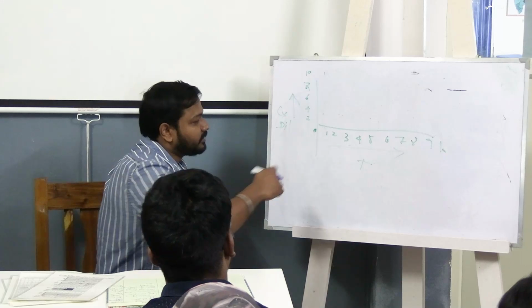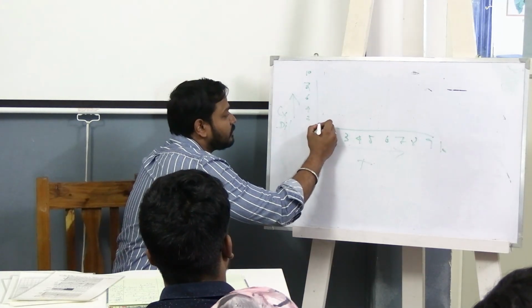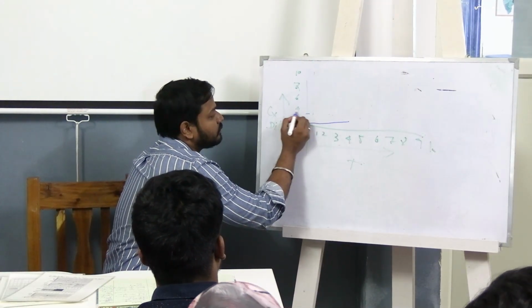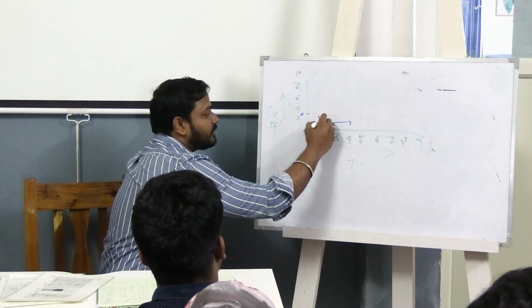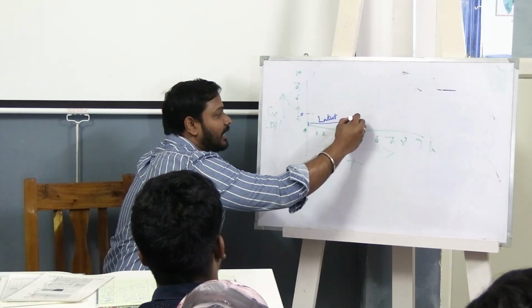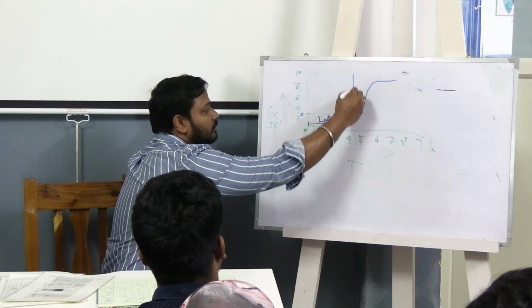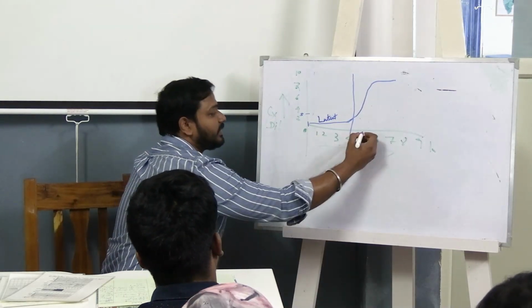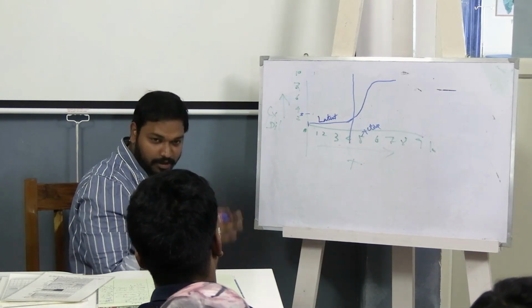Labor is divided into latent phase and active phase. Latent phase means, see, from 0 to 3. Okay, this is latent phase. After latent phase, there is active phase. Okay, this is latent phase. This is active phase. Active phase has 3 components.